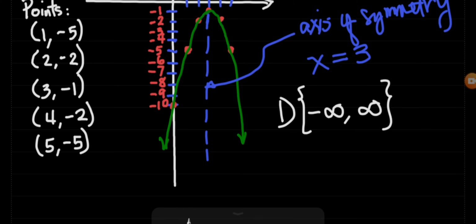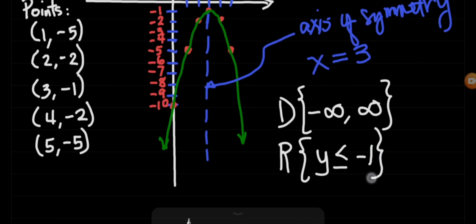And for the range, we have y is less than or equal to negative 1. So negative 1 is the y-coordinate of the vertex.